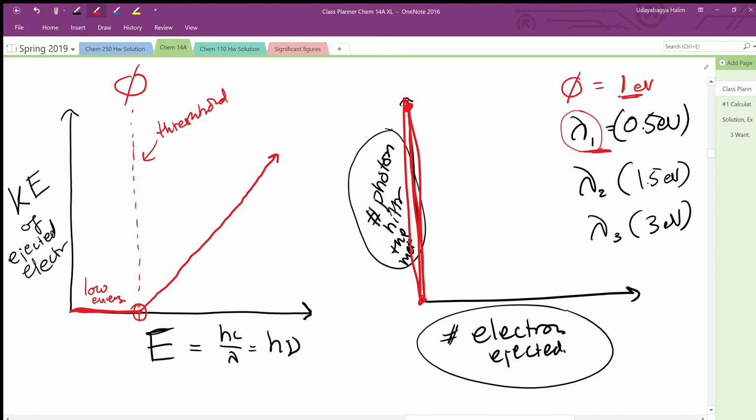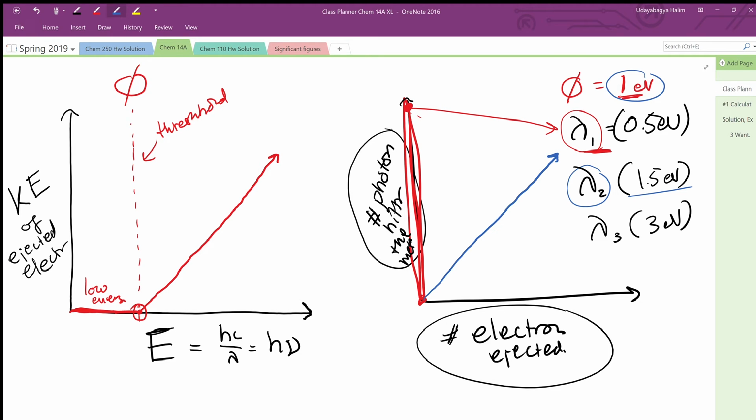So this is wavelength 1. If I were to use wavelength 2, which is slightly higher in energy and beyond the work function, the number of ejected electrons is going to be equal to the number of photons that hit the surface of the metal, because one photon plucks off 1 electron at a time. Whereas for the last one, I'm going to use the purple color just to show that this is UV.